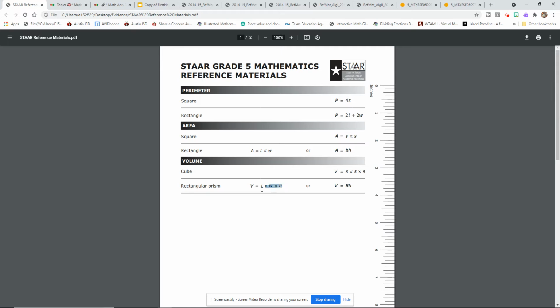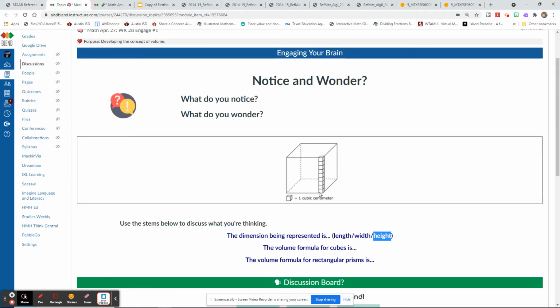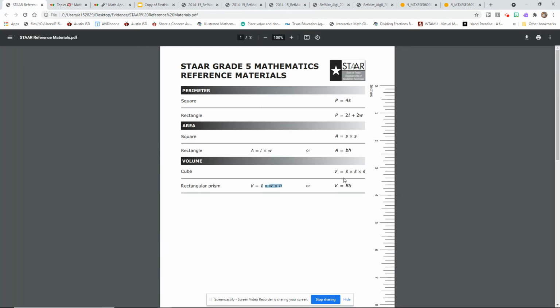The reason why it's different is with a rectangular prism, all your dimensions would not be exactly the same because you might have different numbers. The volume formula for cubes is volume equals side times side times side. You will use that whenever you're trying to find out how much can fit inside a cube.